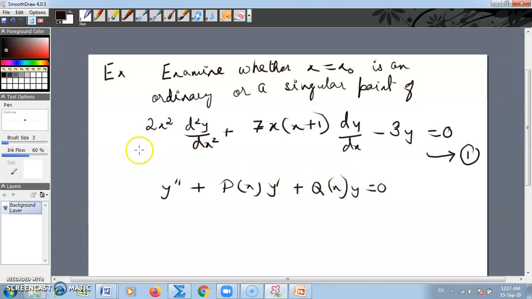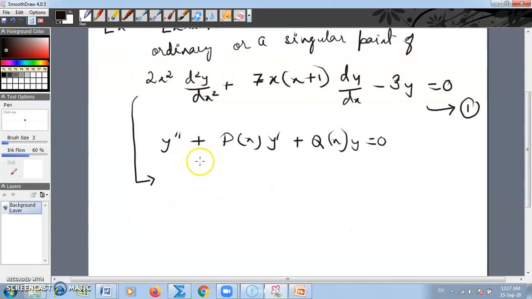So what do we do here? We try to convert this into this form. Here we have a coefficient of y double dash, so we have to divide each term by twice x square.